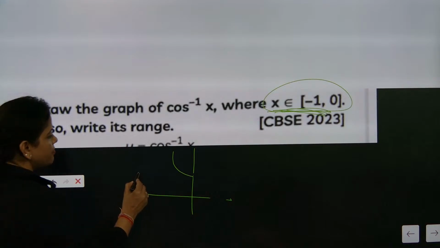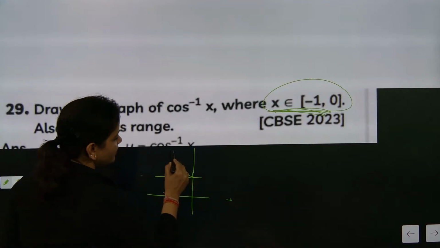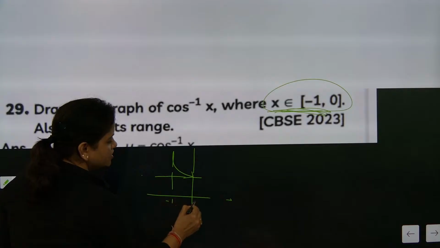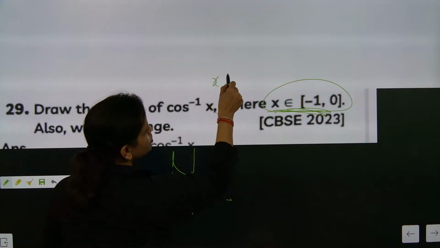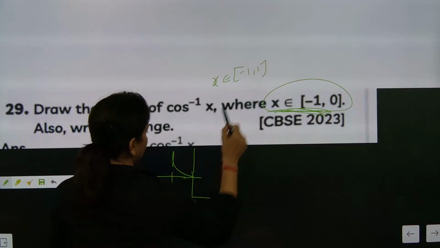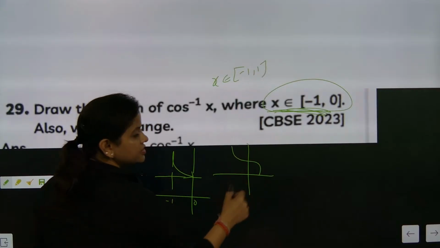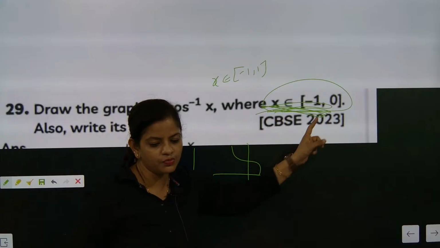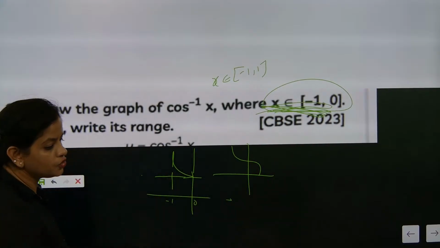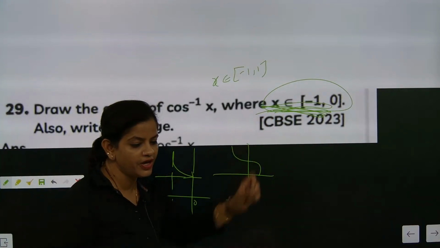Understood? Because x value is belonging to minus 1 to 0. If they say x belongs to minus 1 to 1, then we are going to draw it like this. So the domain has to be checked very nicely.